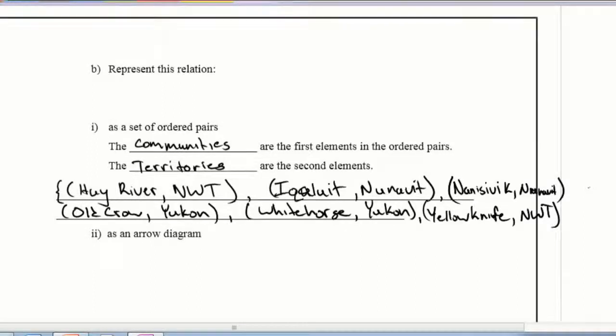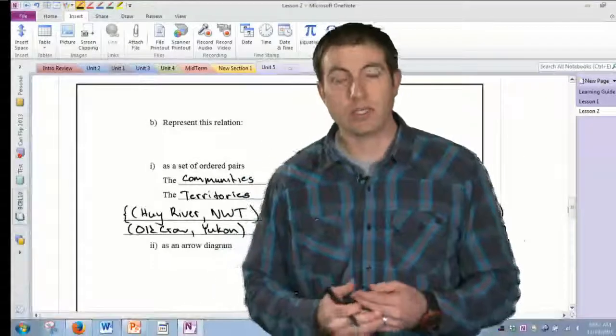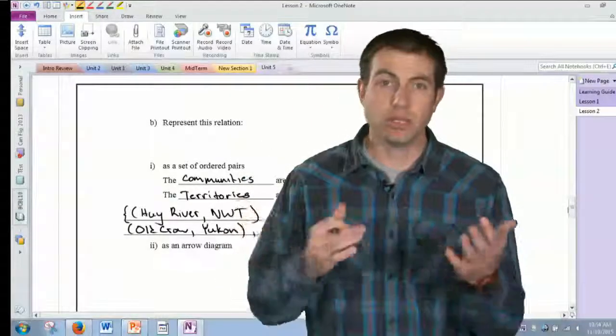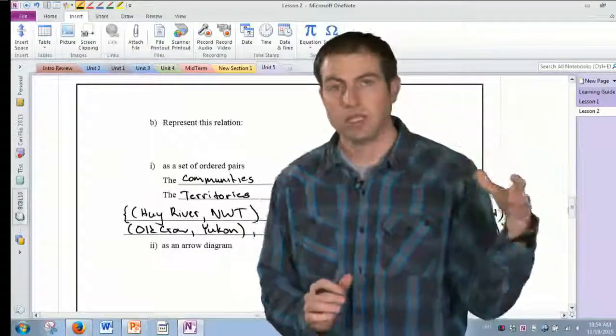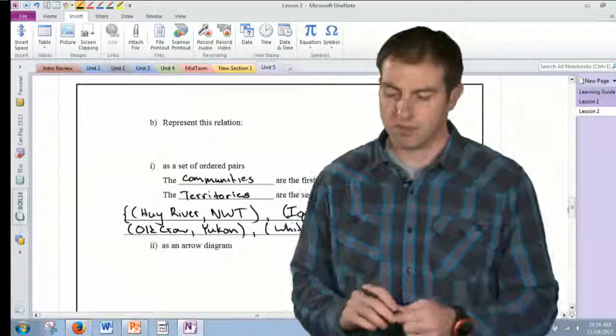So at the end of my set, I need to close it with my squiggly bracket. The reason these squiggly brackets are turning out okay is I have to really concentrate when I write them. If I don't concentrate, they just kind of become this mess. So there we go. I have represented my two elements as ordered pairs: the city and then the territory in which it is found.